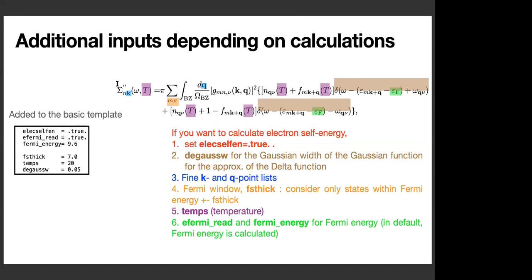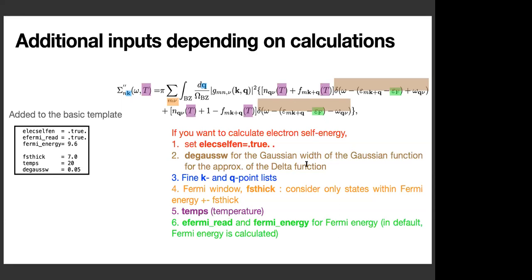And also, this expression includes the summation of band states, and in this case you can use the input keyword FSC. And in this case, as you can see, the temperature is included in this expression, and you need to add this input keyword temps, which is related to the temperature.